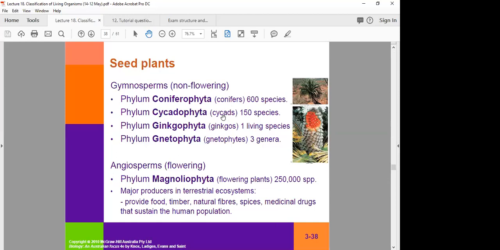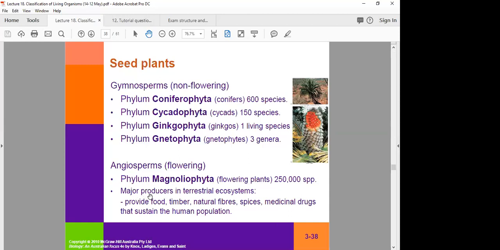Then we have the cycads, and we have a cycad pictured here with one of its cones, ginkgos, and the gnetophytes. Then we have the angiosperms. These are our flowering seed-producing plants, and the most important group for us. 1 phylum within this group, Magnoliophyta, which are all the flowering plants, and obviously a very, very successful group with well over 250,000 species.